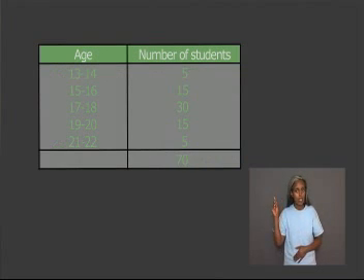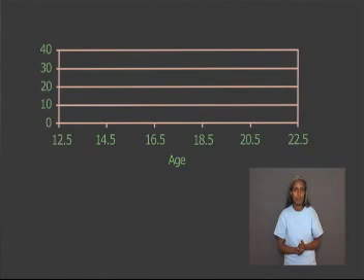Here, we see the frequency distribution of age of students in a class. We can draw a histogram for this frequency distribution that looks like this. Remember, students, that to draw a histogram for continuous data, we locate the class boundaries along the x-axis.